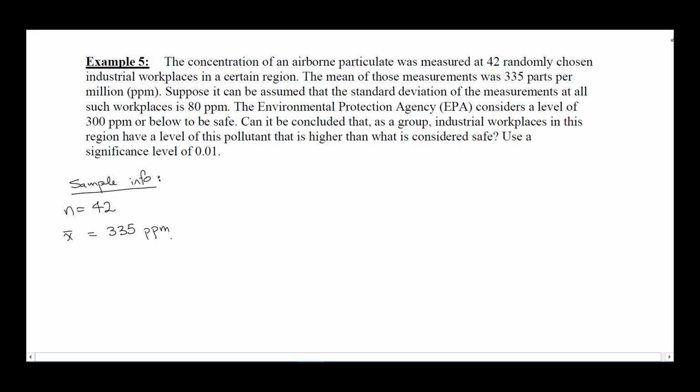We are told that we can assume that the population standard deviation, see how it says of all such workplaces. Again, this assumption is not always met, and we're going to talk about in the next section what to do when it's not. But for now we've got it, so 80 ppm.